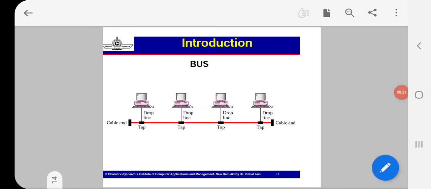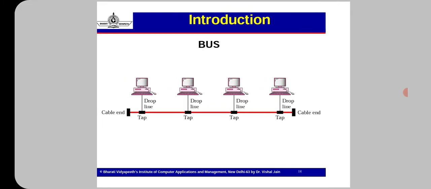In a bus network, all the devices, workstations or computers are connected to a common medium called a bus or cable. What is a bus? A bus is nothing but a cable or a transmission medium used to transmit data or information over a network.